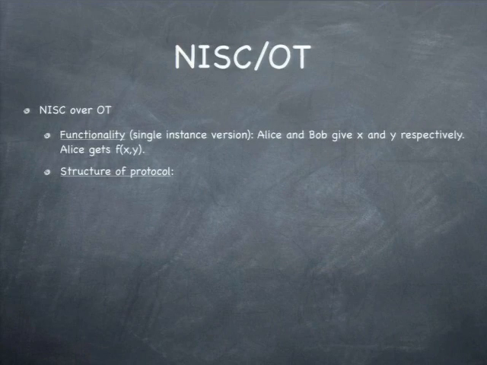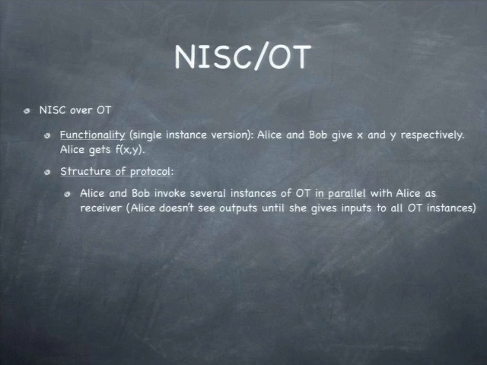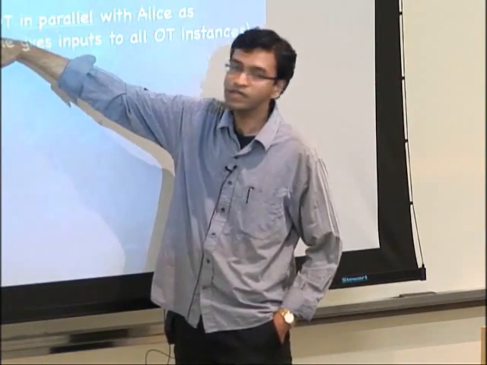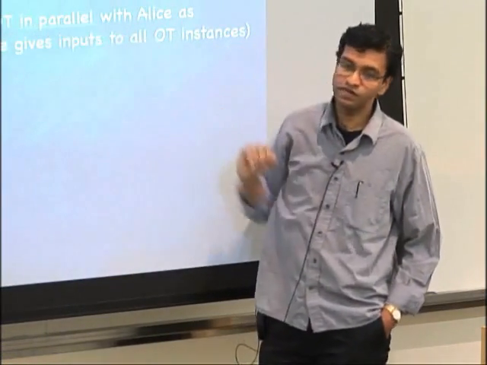That's the functionality. If you want to implement this, we require that your protocol has a particular structure, namely it be non-interactive. What exactly do we mean by that? There's only one round essentially in which Alice and Bob will invoke this oblivious transfer.